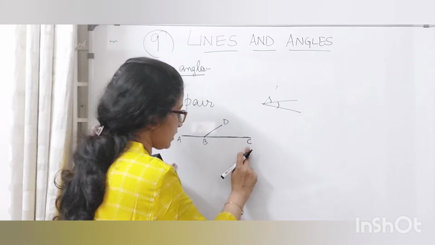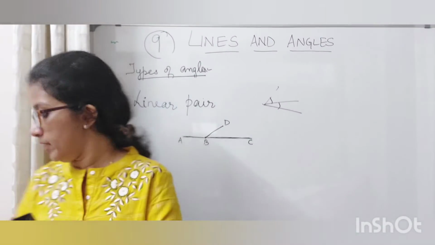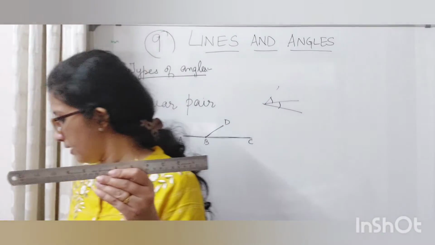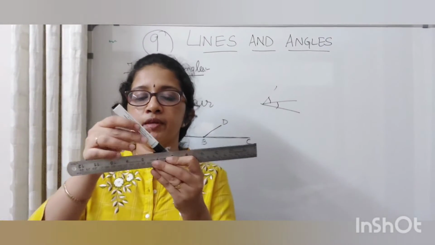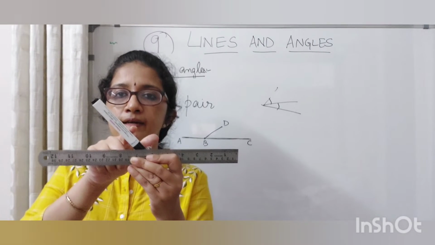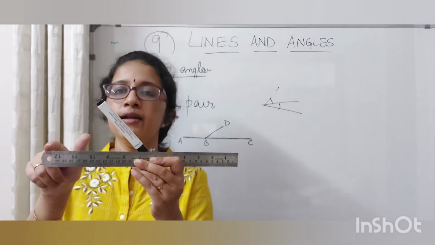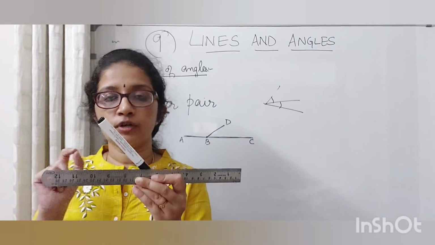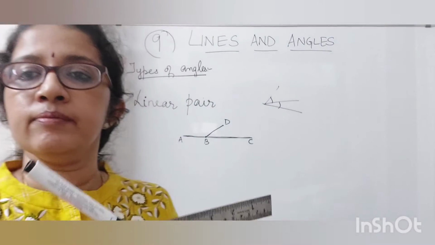If they form a straight line, they are called linear pairs. Now let's take this ruler and this marker. There is an angle here and there is an angle here. These two angles are said to be in a linear pair. So clear with this? Now let's move on to our next topic.